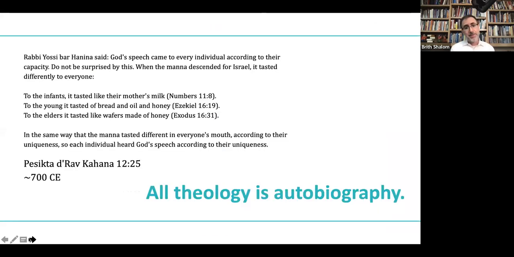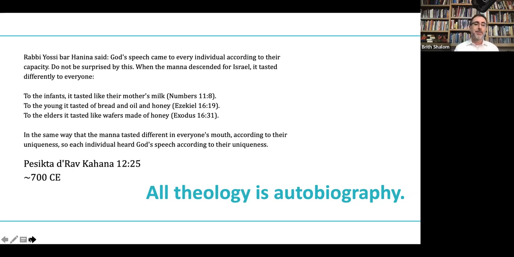So here's an example of it from a rabbinic text. God's speech, when God talked to us at Mount Sinai, came to every individual according to their capacity. Similarly, when the manna descended for Israel, the food that God fed us in the desert, it tasted differently to everyone. To the infants, it tasted like mother's milk.